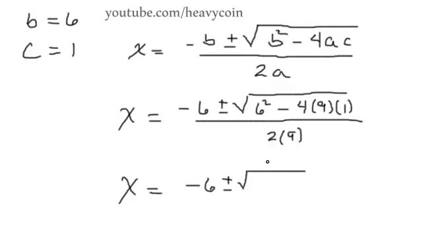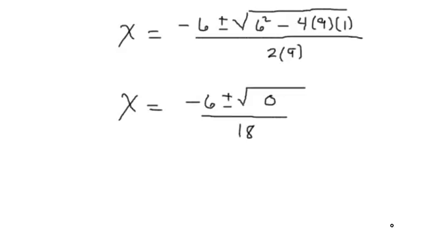So after we do the arithmetic in here, we got 36 minus 36, which is 0. We'll do the radical, okay, over 18. So we end up with negative 6 over 18, and of course that reduces down to negative 1/3.